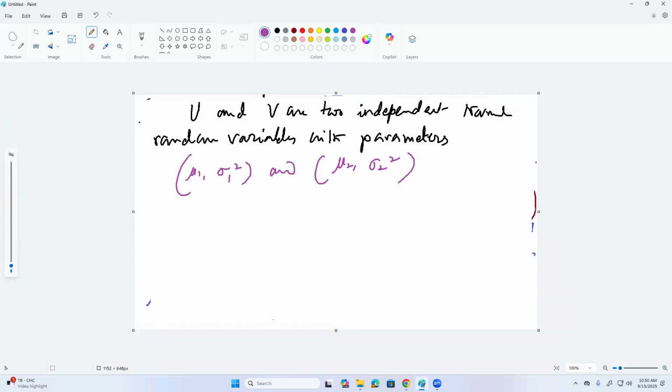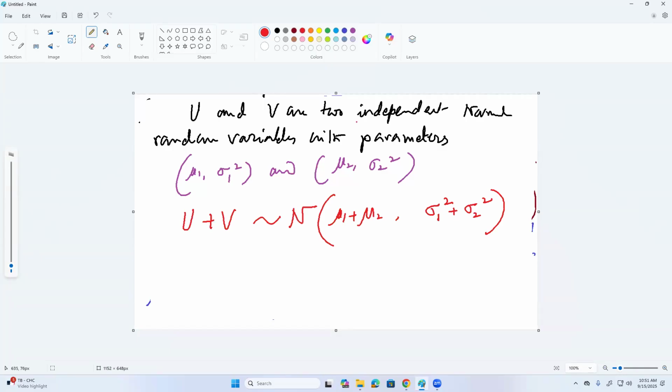Then u plus v follows again a normal distribution with mean mu1 plus mu2 and variance sigma 1 square plus sigma 2 square.